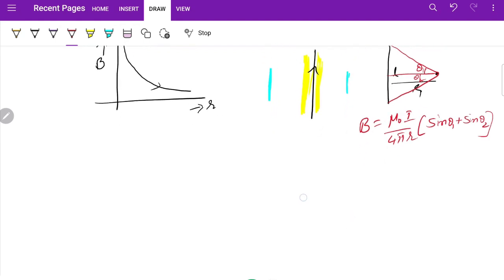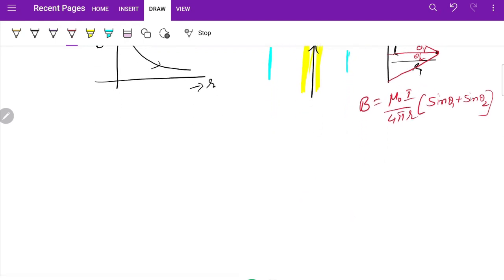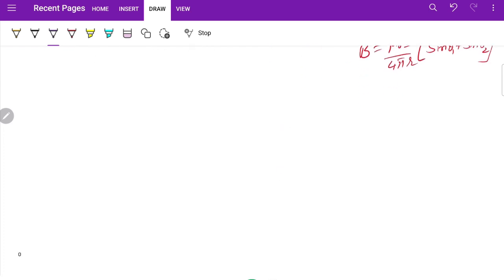The first scenario is, I take a straight conductor like this, carrying a current I, an infinite conductor in a forward direction. Now, if there is a charge, say an electron, flowing in this direction.